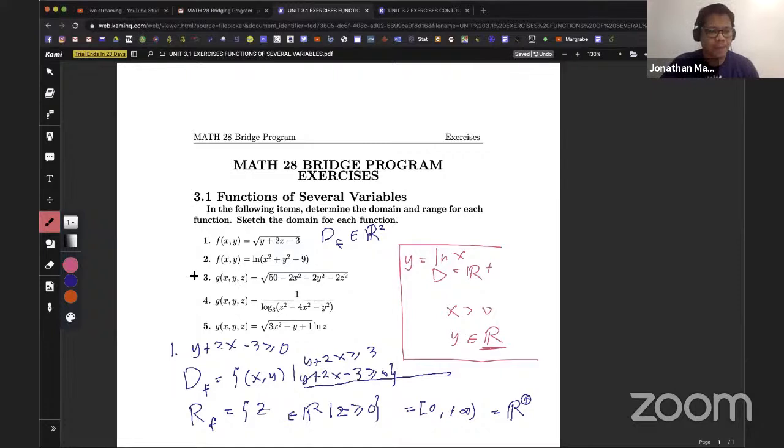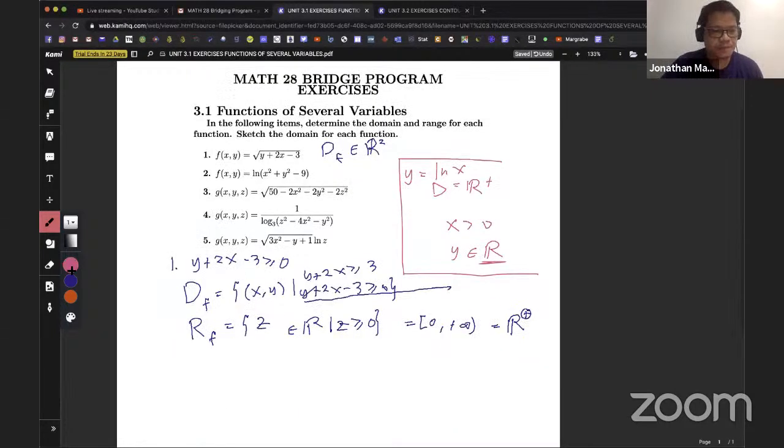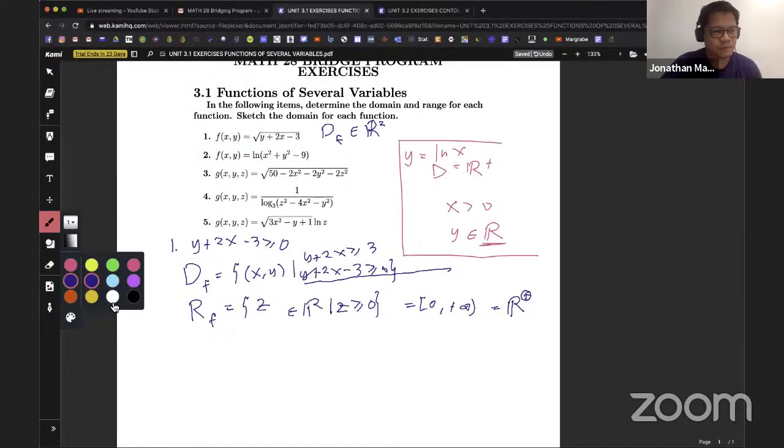Alright? So going back to this example, we have a natural logarithm function. So dapat yung argument ng natural logarithm, the argument here in item number 2, is x squared plus y squared minus 9.